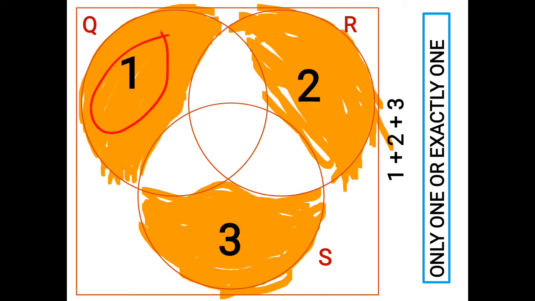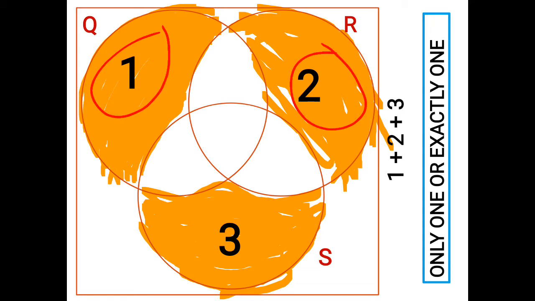Only R, this is the only side you take. Only S, this is the only side you take. But when the question says only one, it means pick all the ones and add them. So only one, that is region 1 plus region 2 plus region 3. Alright, so let's move on.